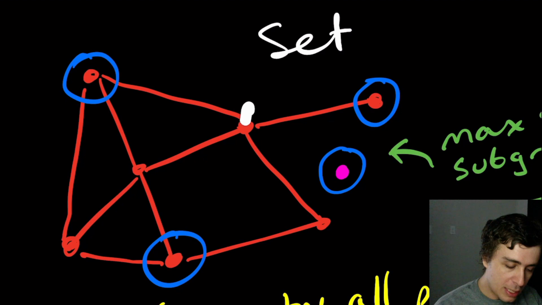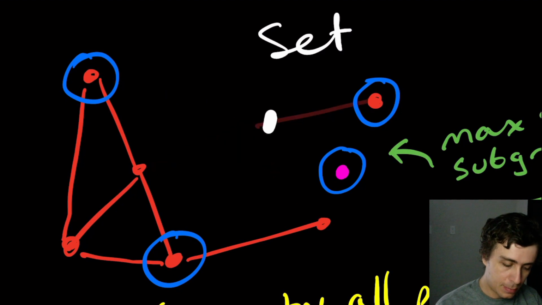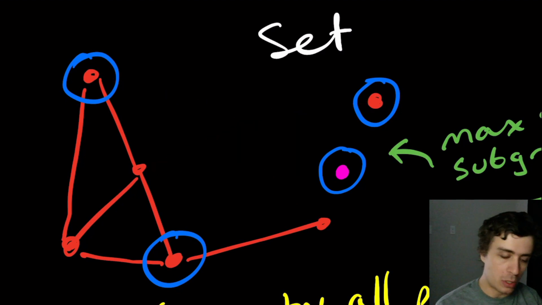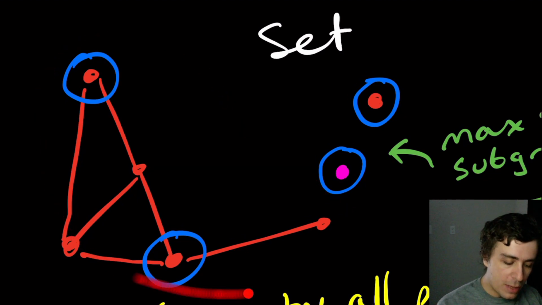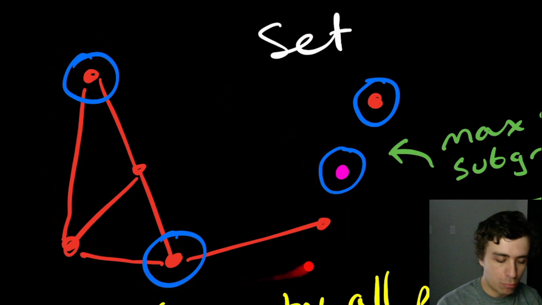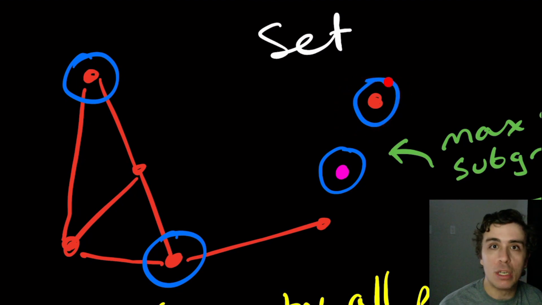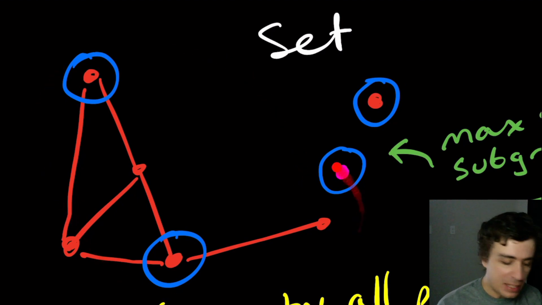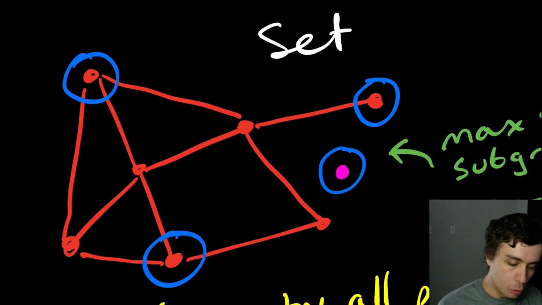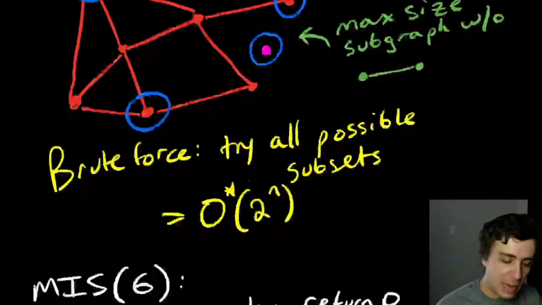So I'm going to get rid of that vertex and every edge adjacent to it, of course. And then whatever the maximum independent set size of the remaining graph is, I'm going to compute that number and then add 1 for whatever was picked here. So this is going to contribute 1 to the maximum independent set size, and this is going to contribute something, whatever it is. And so I'm going to recurse that way.